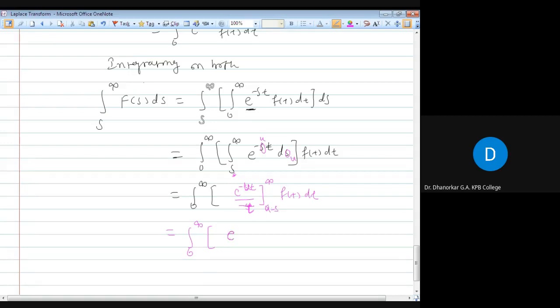Then here I will take 1 by t outside, minus the upper limit, which becomes 0, into f of t dt.